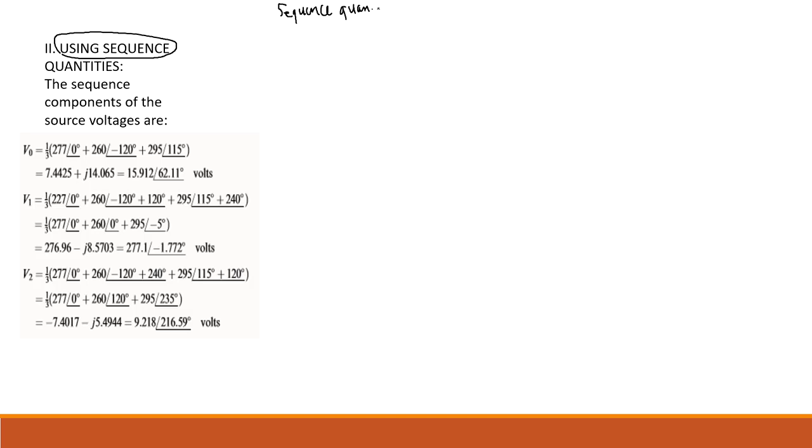Start with the load. For the line, the zero sequence impedance equals the positive sequence impedance equals the negative sequence impedance and equals 185 ohm.